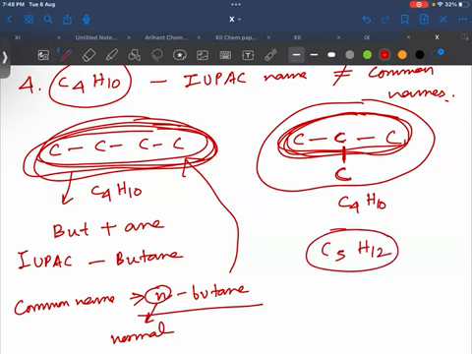Don't write pentane. Show different ways in which C5H12 can be drawn. I want the answer in the group, everyone. Sir, can you repeat your question? Show in how many different ways C5H12 can be drawn.